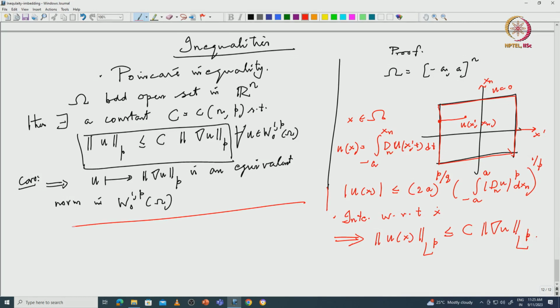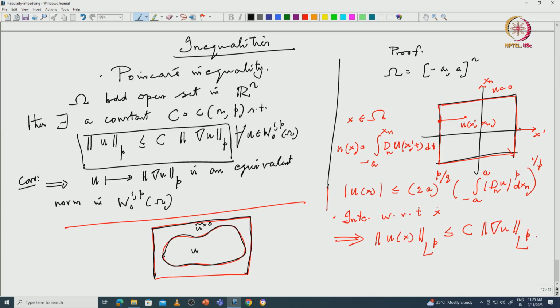For general omega, if you have a bounded domain omega, you can always find a rectangle containing it, and u is 0 outside omega. So you extend by 0, u tilde, which is 0 outside, and you get the estimate for u tilde.